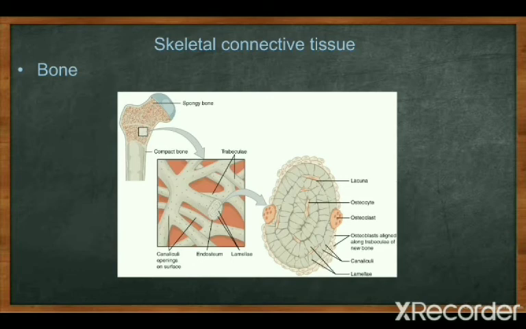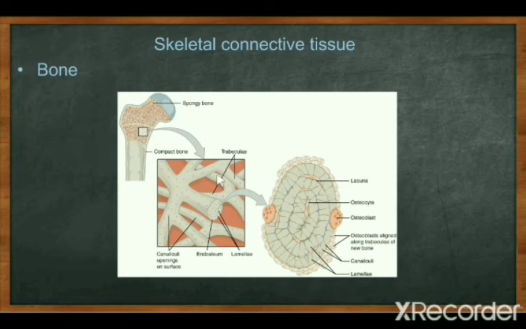The cavity which is present inside the bone, that is called as marrow cavity, because in that cavity bone marrow is present. That bone marrow helps in the formation of blood. If we cut the longitudinal section of this bone, you see that here, the cavity is called as Haversian canal.